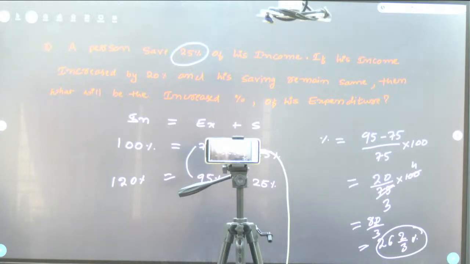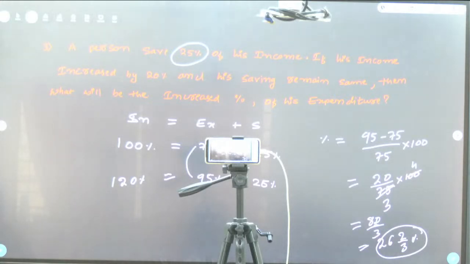Done? Same type question, do now. Renu spends 68% of her income.